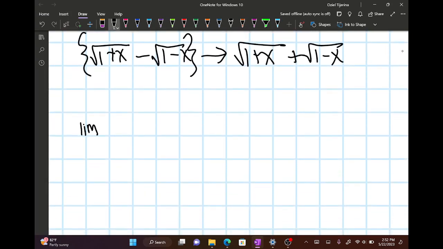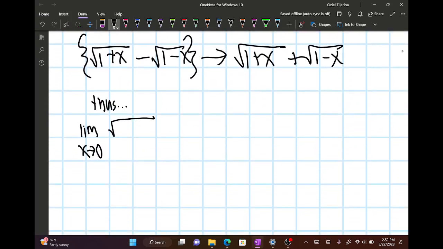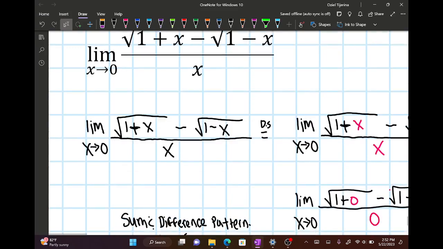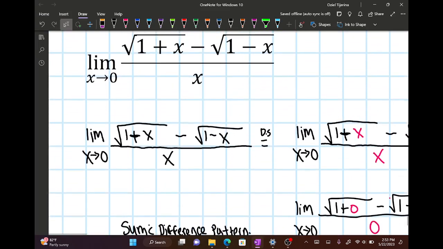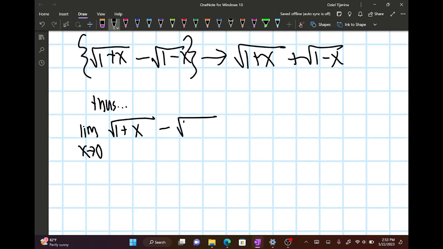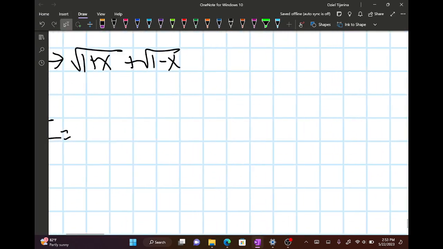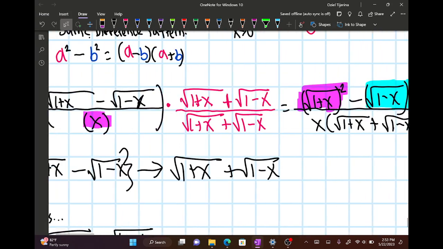So I would say thus, the limit as x approaches 0 of the square root of 1 plus x minus the square root of 1 minus x, all over x, is equal to 1.